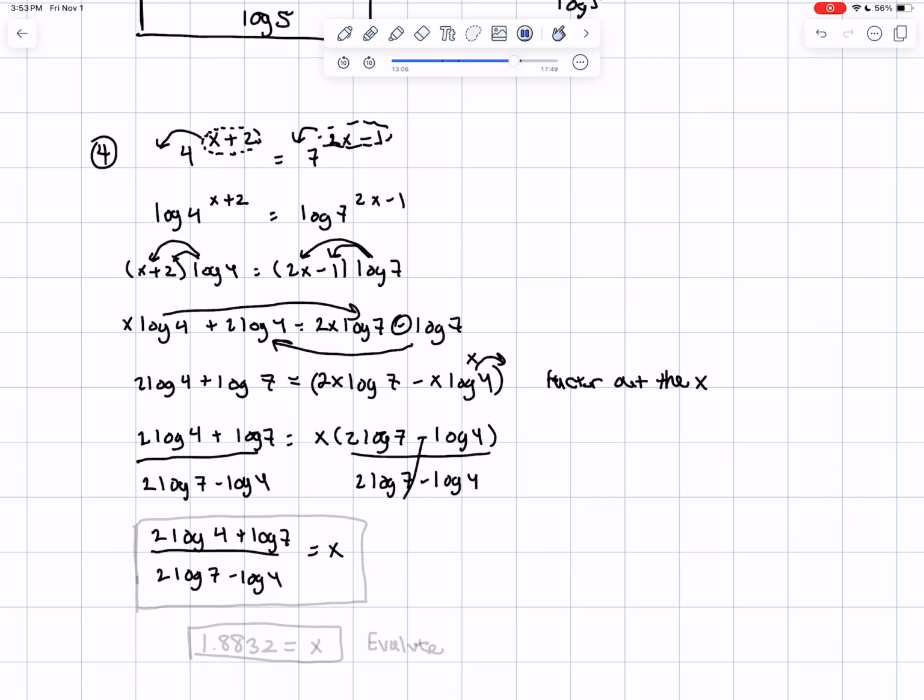Let's see what that gives me. I'm getting 1.8832. I'll just say 5 sig figs here. So this is our evaluated. So this is evaluate. And this is the form.